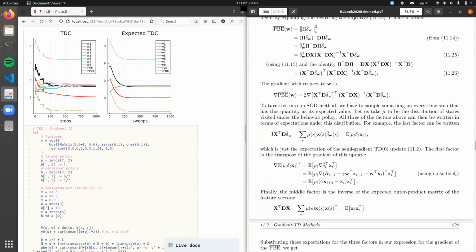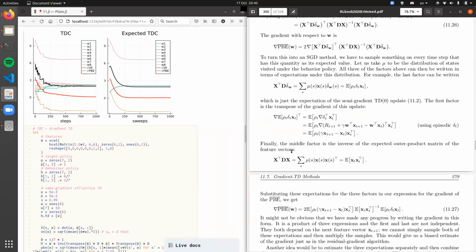We can take this component of the expression and write it as a sum over all states, mu times x times this error, and that would be the same as this one here: the expectation over states of the importance weighted error multiplied by the feature vector.